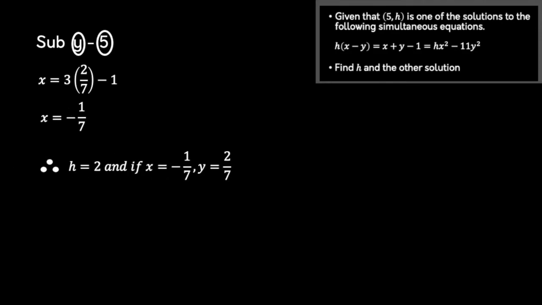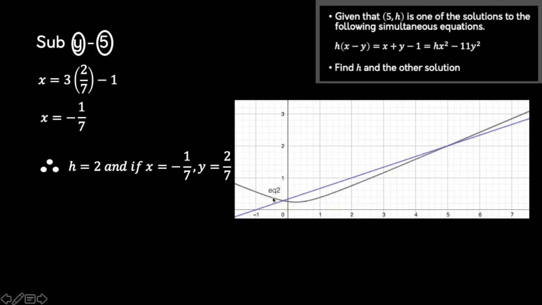Finally, the conclusion is h equals 2, and x equals negative 1 over 7, y equals 2 over 7. Here is the graph representation of these two equations: hx minus y equals x plus y minus 1, and hx squared minus 11y squared equals x plus y minus 1.